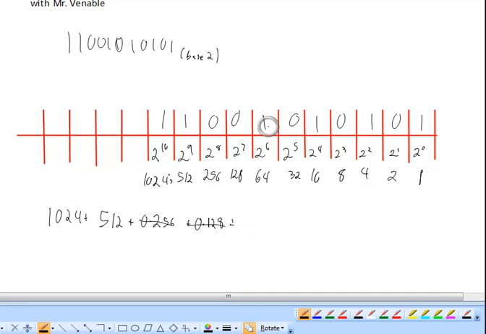Then there's a 1 in the 64's place, so 1 times 64, plus 0 times 32, plus 1 times 16, plus 0 times 8, plus 1 times 4, plus 0 times 2, plus 1 times 1.